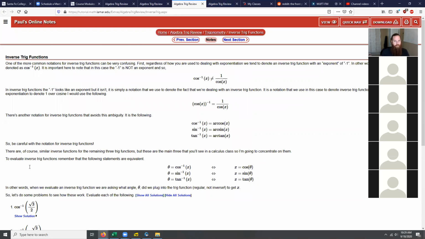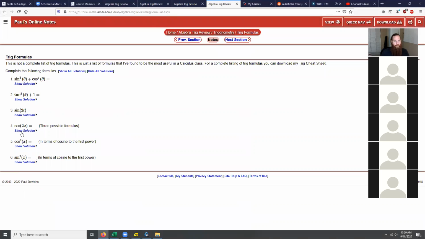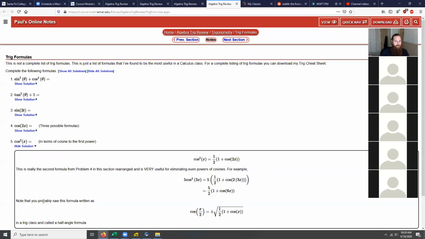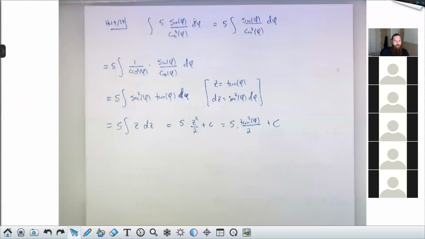So if you don't remember this stuff, give it some time. This is exactly the stuff we're using right now, yeah? Cos squared is 1/2 times 1 plus cos 2x. Sine 2t is 2 sine t cos t. All that stuff is right there.